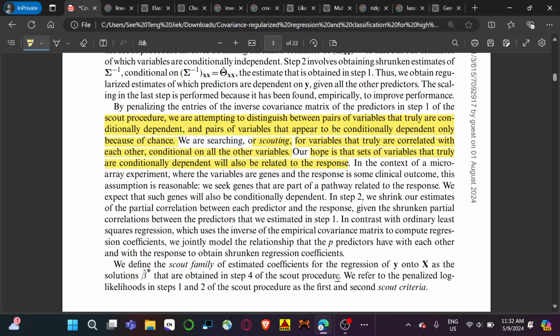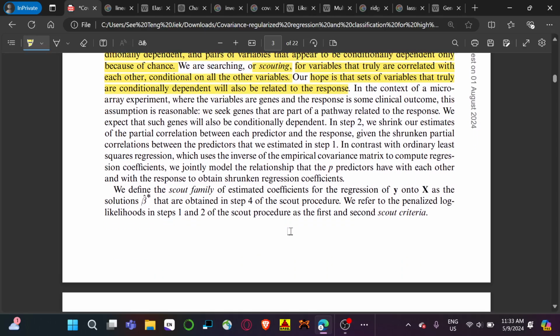In step 2, they shrink their estimates of the partial correlation between each predictor and the response, given the shrunken partial correlations between predictors that we estimated in step 1. In contrast to OLS, ordinary least squares regression, which uses the inverse of the empirical covariance matrix to compute regression coefficients, we jointly model the relationship that P predictors have with each other and with the response to obtain the shrunken coefficients.